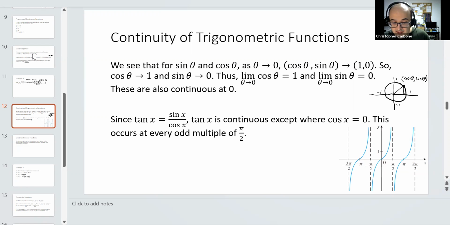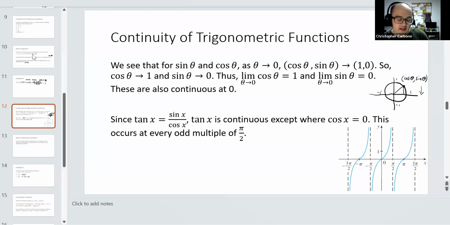As theta approaches 0, we get closer and closer to the x-axis, and cosine of theta approaches 1 while sine of theta approaches 0. Thus, the limit as theta approaches 0 of cosine of theta is 1, and the limit as theta approaches 0 of sine of theta is 0. So these are also continuous at the value 0.